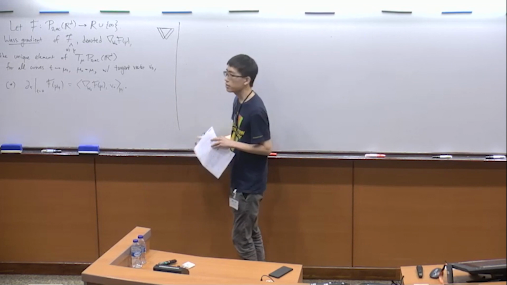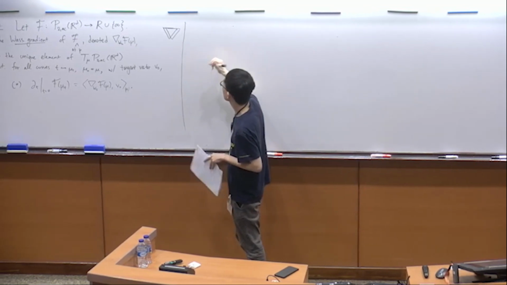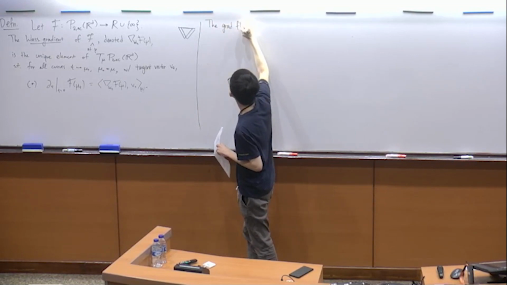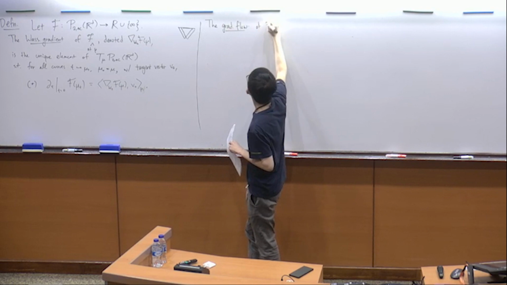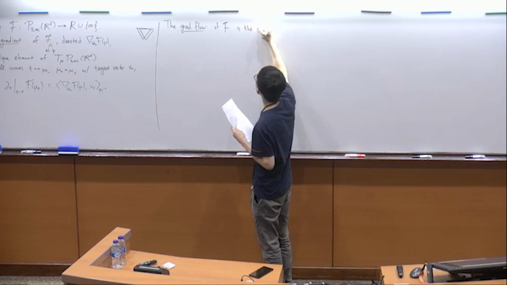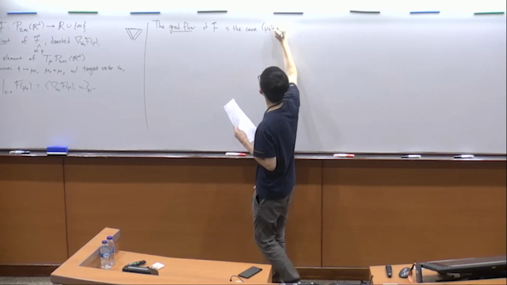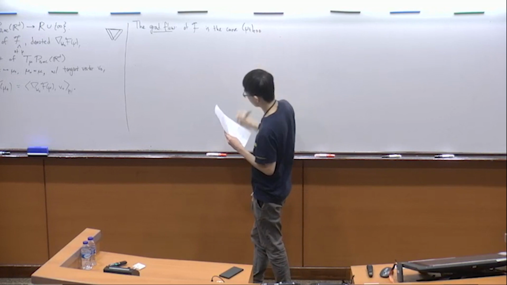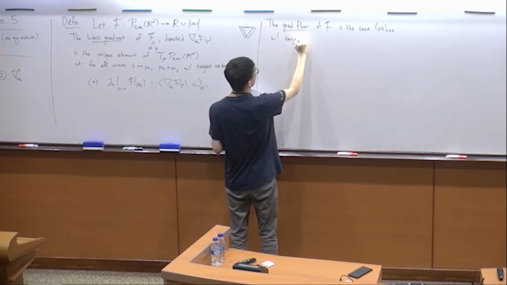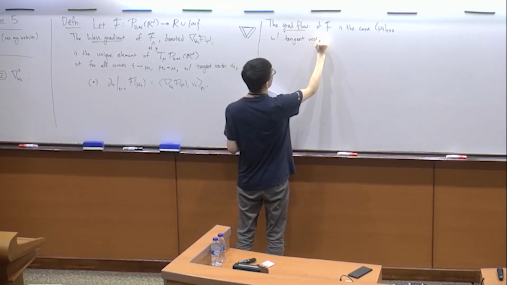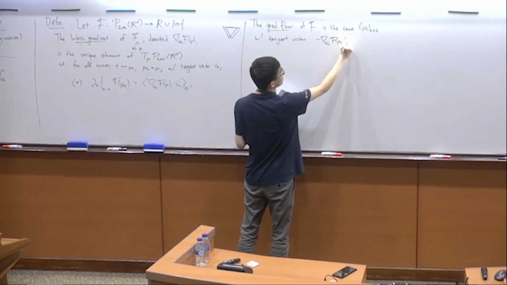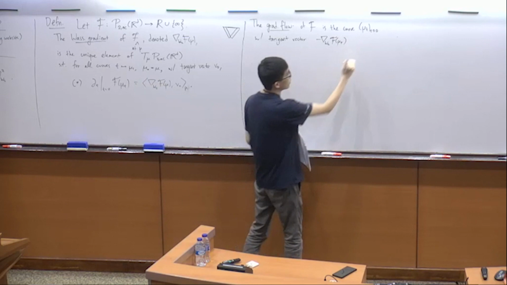And once you have the definition of the gradient, we can now define the gradient flow. The gradient flow is the curve mu t with tangent vector equal to minus the Wasserstein gradient at time t.